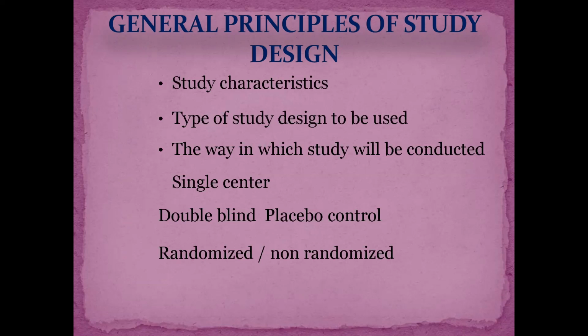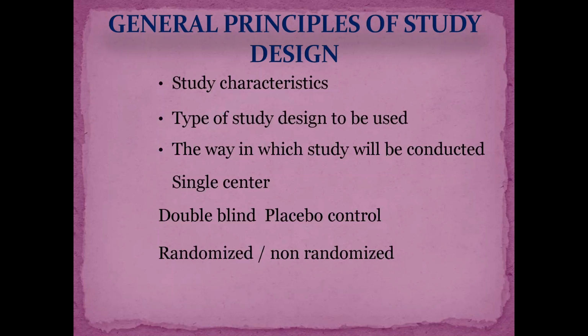Whether it is conducted at a single center, meaning only in one place, or in multiple places. Like if a new drug has come to phase 3, such studies will usually be done in some 20 or 30 countries, and in each country there will be 3-4 different sites.